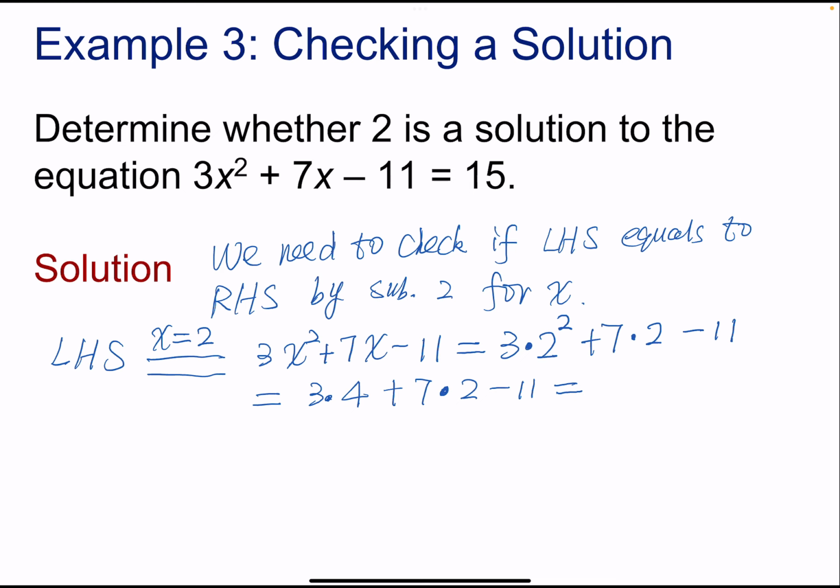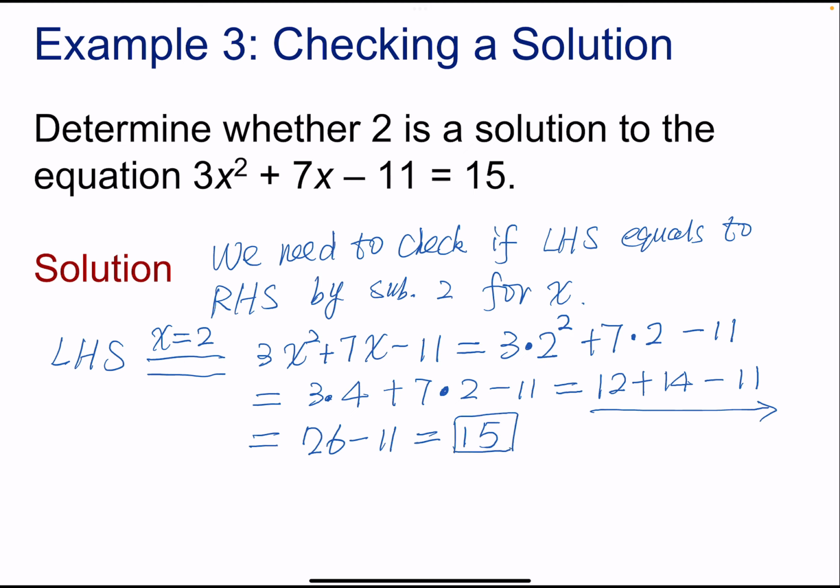Now I need to calculate multiplication. 3 times 4, that's 12, and then 7 times 2, that's 14, and minus 11, okay? Then I calculate the addition and subtraction from left to right. So 12 plus 14, that's 26, minus 11, and that's obviously 15.